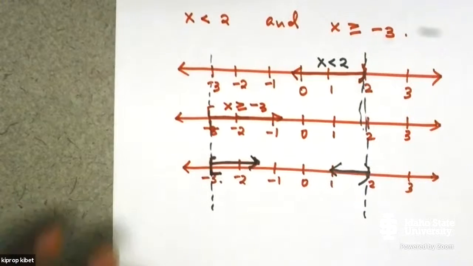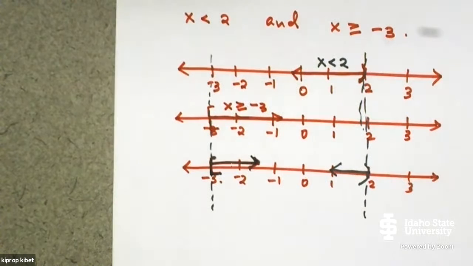So what is our interval notation which will satisfy both the inequalities? Looking at this, x is greater than minus 3, and minus 3 is still less than 2. And when you come here, x can also be 2.